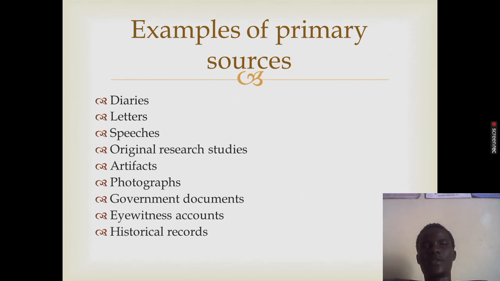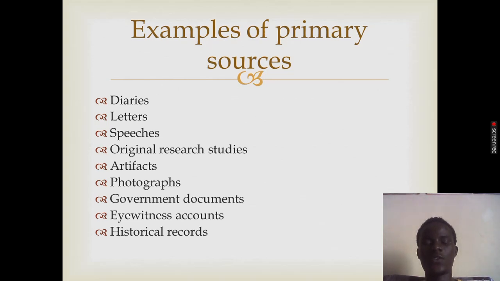This is now used mostly in formal communication. We have speeches, recordings of speeches of someone who participated in an event. Then you have original research studies, the report written on the process of what happened during the research.